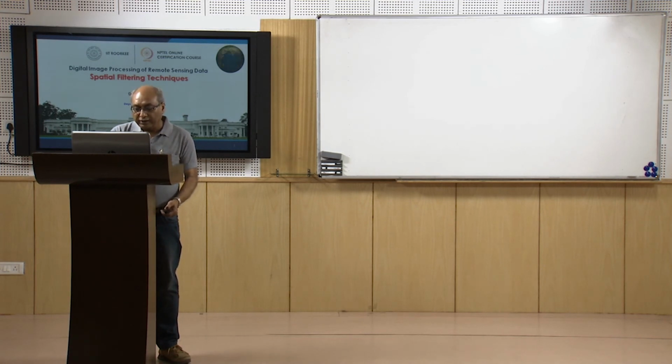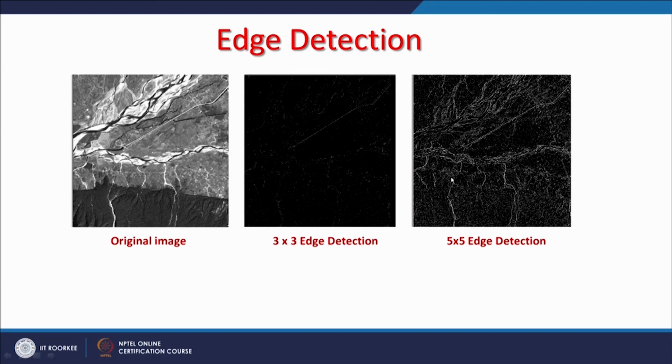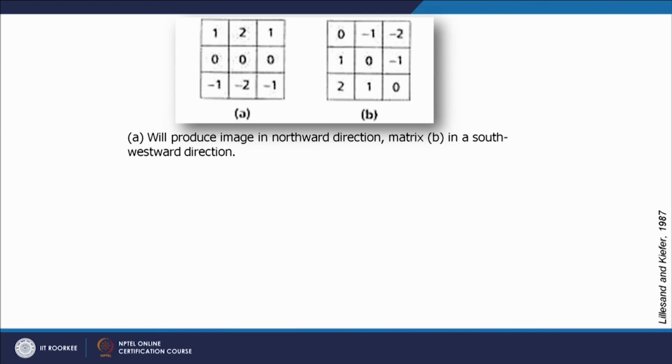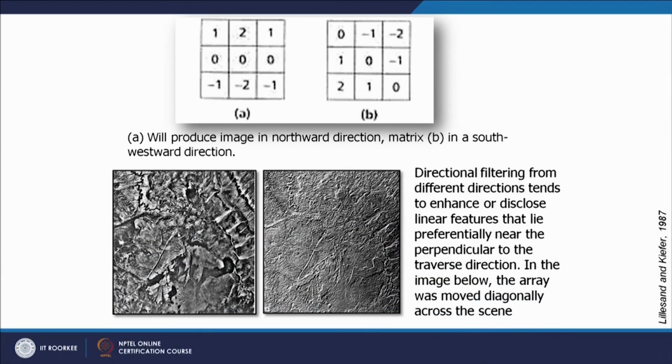And if I go for 5x5 edge detection, I may get an image something like this. If I take this example, A will produce an image in the northwest direction, this is a directional filter, whereas B gives a southwest direction filtering, and this is how the result would be. The directional filtering will highlight in a particular direction the way the filter had been designed.